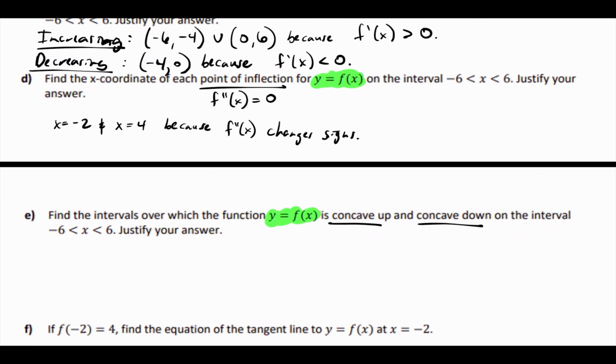Negative slope on f prime of x equals concave down on the original. Okay? So that's what we're looking for. Where is it negative? Where is it positive? Where is a negative slope? Where is a positive slope?